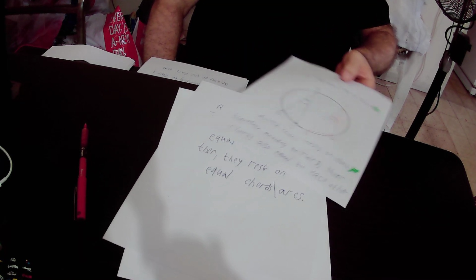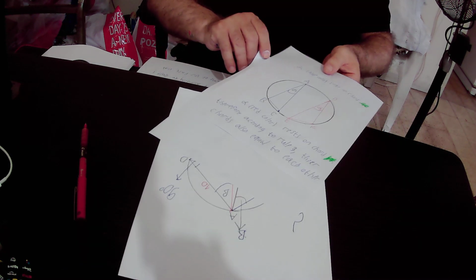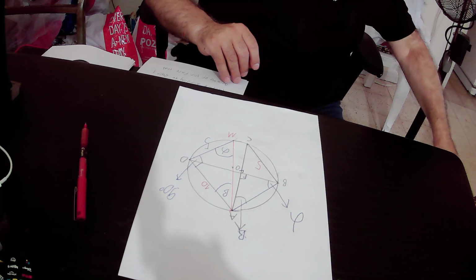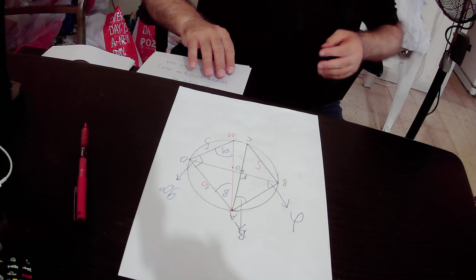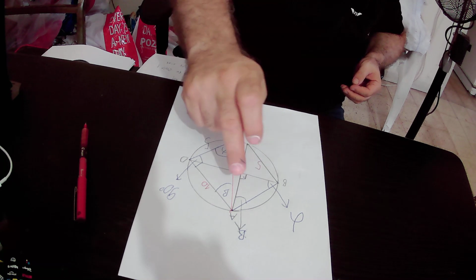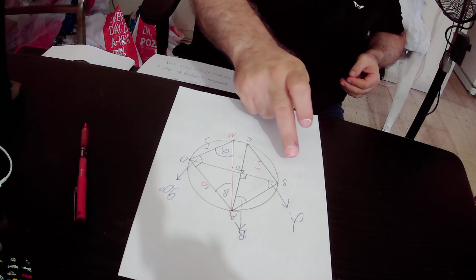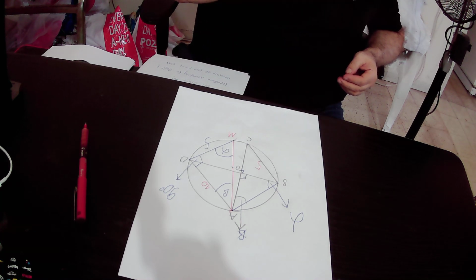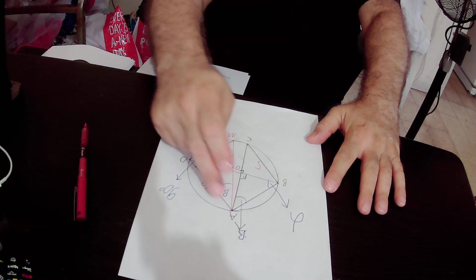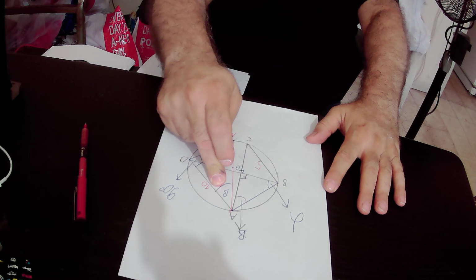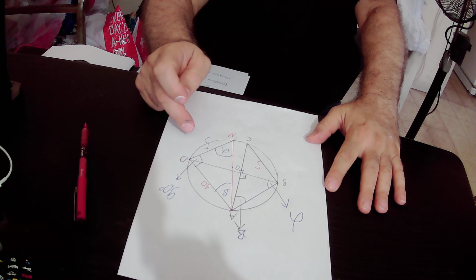Okay, so we can implement rule number 3 in our circle because we have angle BAC that equals beta and rests on chord BC, and we have also angle MAD that also equals beta and rests on chord MD.